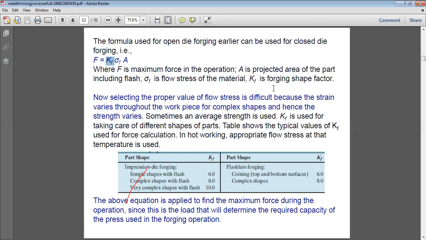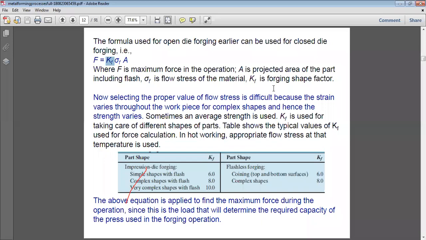Sometimes an average strength is used to find the shape factor, to take care of different shapes of parts. If it is a complex structure consisting of three triangles, we take an average over the three triangles.